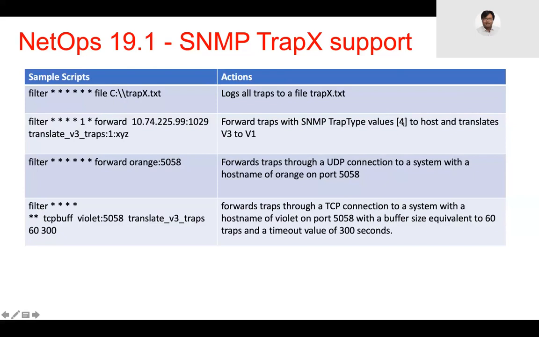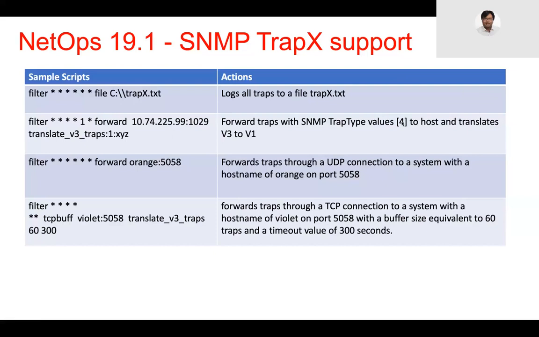So this is a typo there. But the general concept being, we have the filter options, 6 filter options, and then we have the command or the action that it takes, and that's how you construct a sample script and run the SNMP TrapX action.